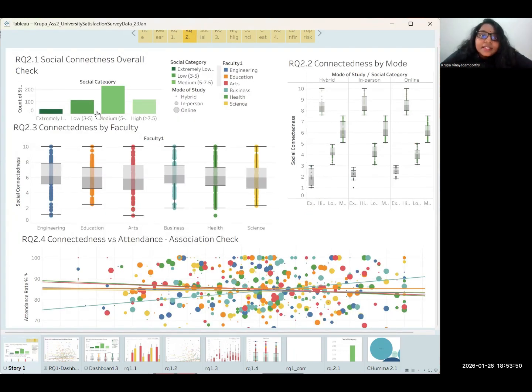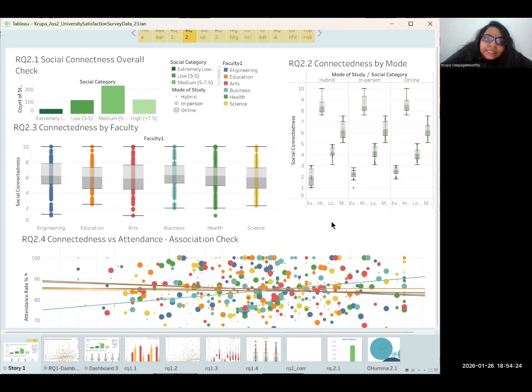Next, a look at social connectedness. The good thing here is that around half of the cohort say that they have moderate levels of connectedness. Great. But there are, in fact, at least one fifth of the students that fall into the extremely low and the low categories. When we break it down across faculty and across mode of study, right away there's no clear pattern that emerges.